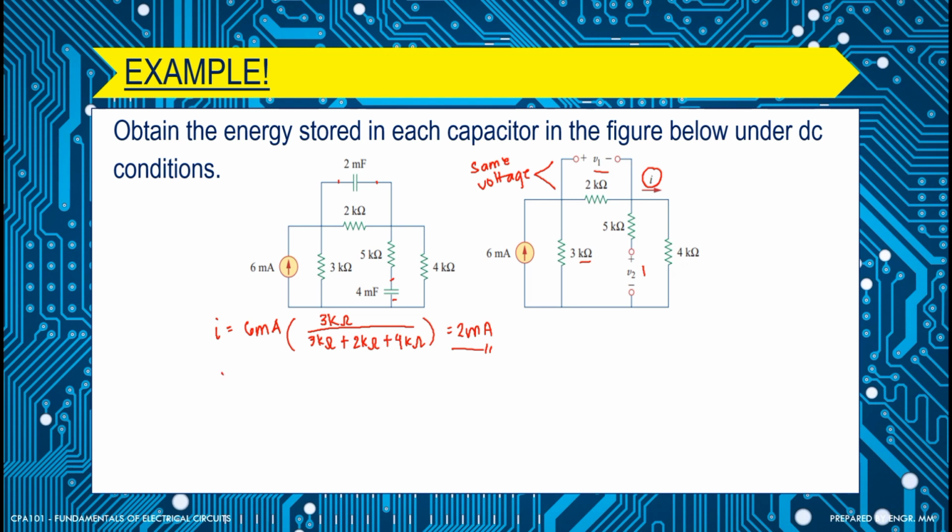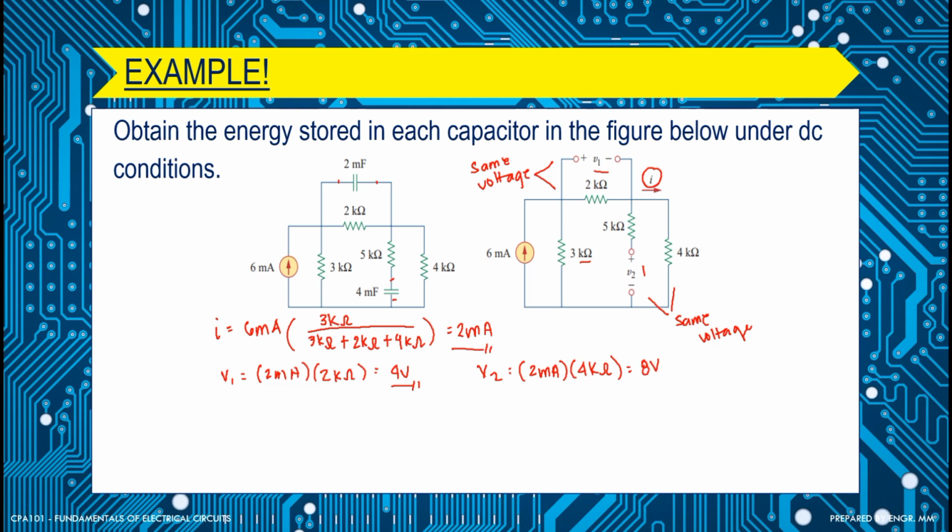So solving for V1, let's just use Ohm's law. IR, so 2 milliampere multiplied by 2 kilo ohms. So that is equal to 4 volts. For V2, the same concept. Since they are parallel, we have the same voltage here. So our V2 is equal to 2 milliampere multiplied by 4 kilo ohms, so we have 8 volts.